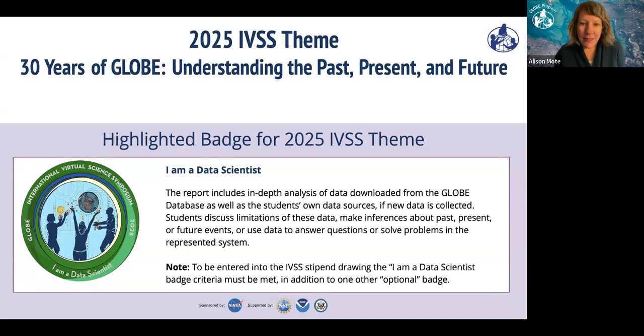We've got the detailed criteria for this badge on the IVSS badges page, which I'll share in a moment. I do want to point out that to be entered into the stipend drawing this year, students must earn the I Am a Data Scientist badge. The presentation today will hopefully give you some ideas of working with Globe data.